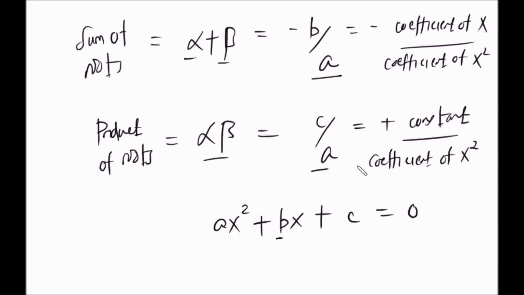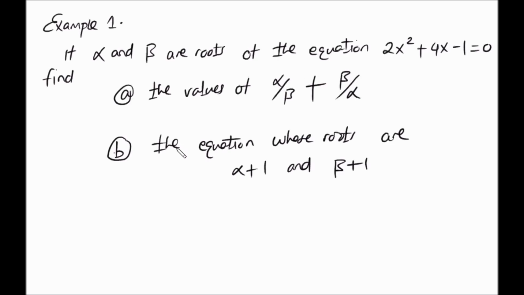Now let us see examples that use this concept. Example 1 says if alpha and beta are roots of the equation 2x squared plus 4x minus 1 is equal to 0, find... First let us start here: alpha and beta are roots of the equation 2x squared plus 4x minus 1 is equal to 0.